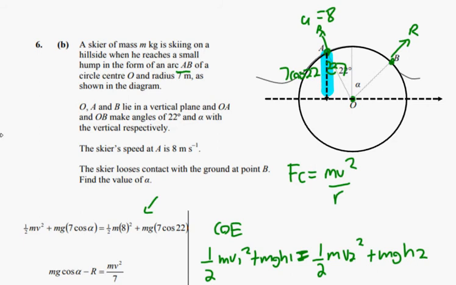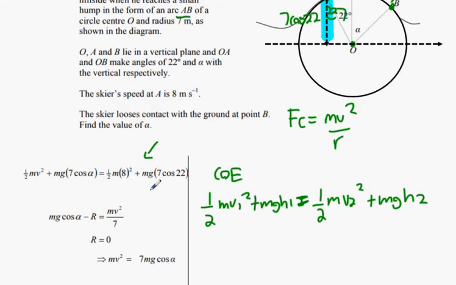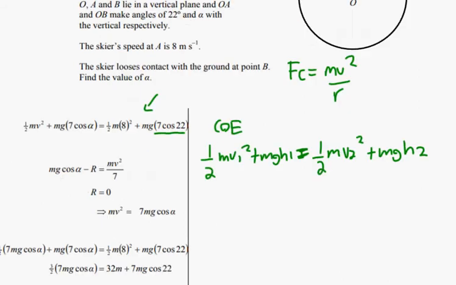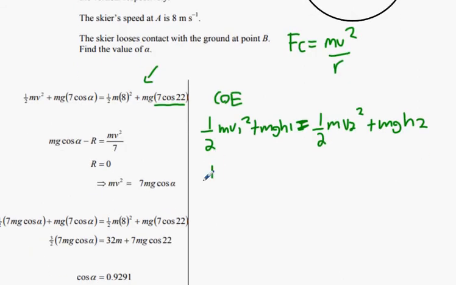It's the blue height. There's your 7 cos 22 right there. So it's a half, your mass, you're skiing at 8 meters per second, you're getting your mg 7 cos 22, equals.